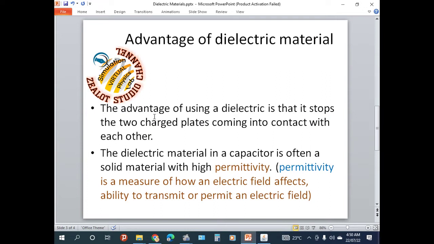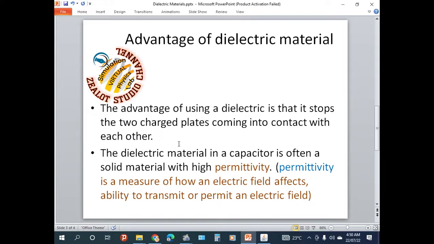So the advantage of using the dielectric material is that it stops the two charged plates, the positive plate and negative plate, from coming into contact with each other. This is the main advantage of dielectric material. And the other is to increase the capacitance of a capacitor.